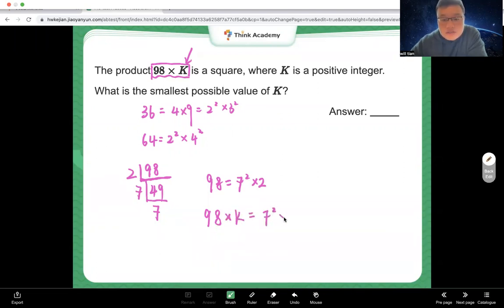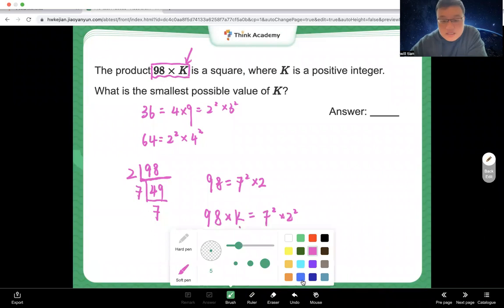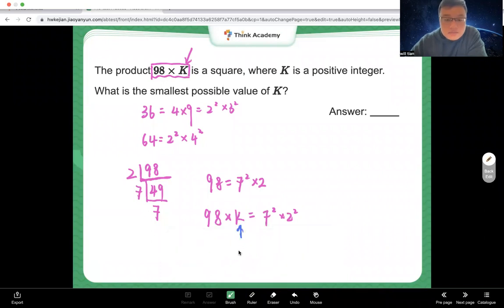So you could do 7 squared times 2 squared. But how can you convert that times 2 into 2 squared? You let K equal 2. That's it. So 98 times 2 equals 7 squared times 2 squared. Okay, so that's why we know the answer is just 2.